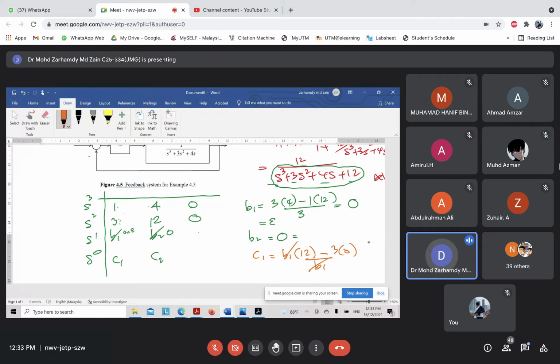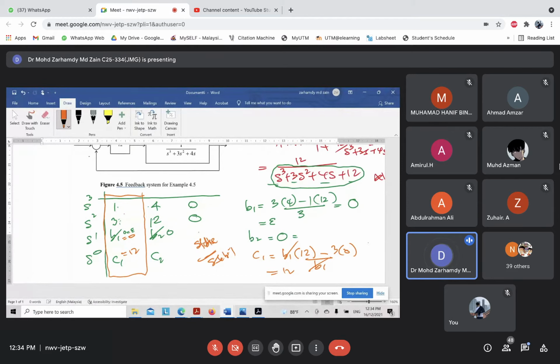So epsilon cancels out with epsilon, B1 with B1. We have 12. So here is 12, and this is 0. If you can see here, in column 1, all the signs are positive. Even though B1 is 0, there is no problem. It means our system is still stable.